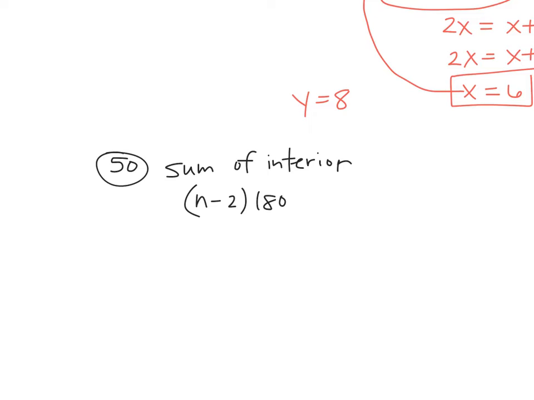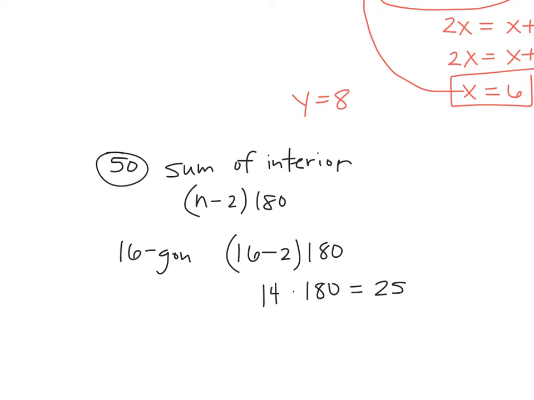So if number 50 says you have a 16-gon, that means the sum would be 16 minus 2 times 180. If you plug that in, it would be 14 times 180. So 14 times 180 comes out to 2,520.